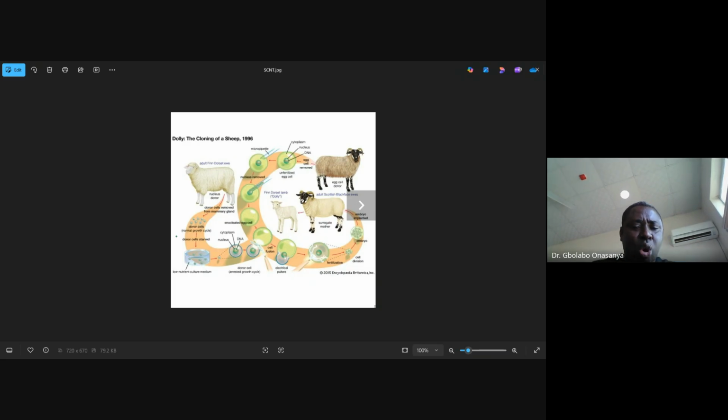And after doing that, we put it in a petri dish, but the growth of the cell is arrested.